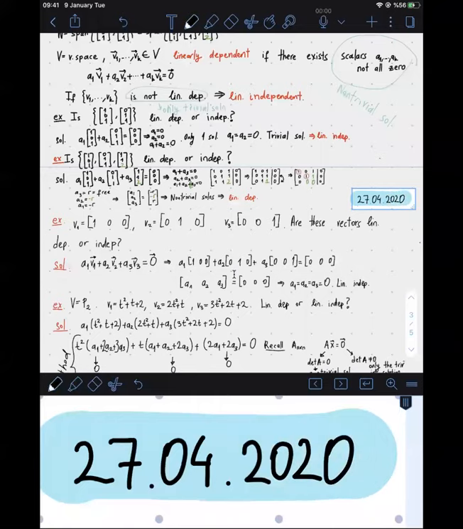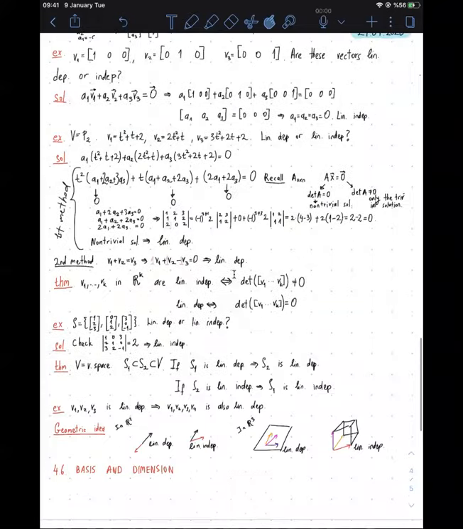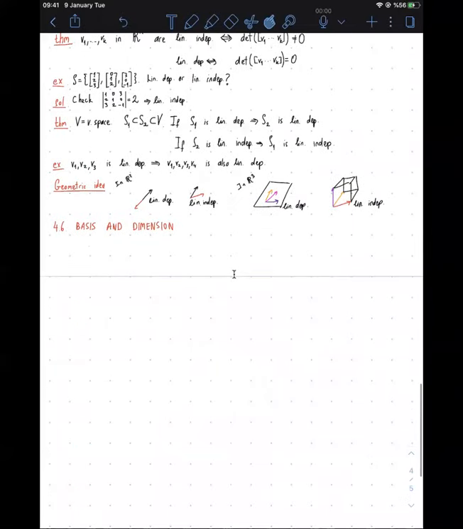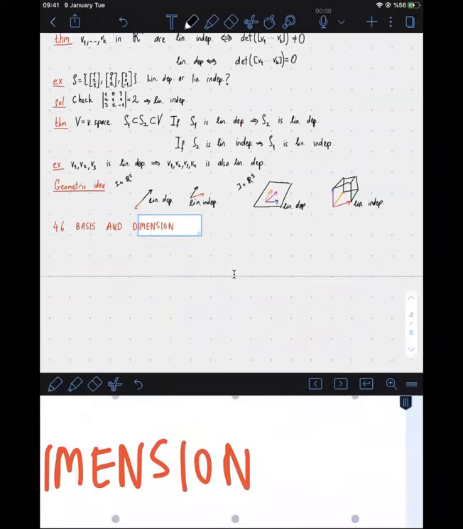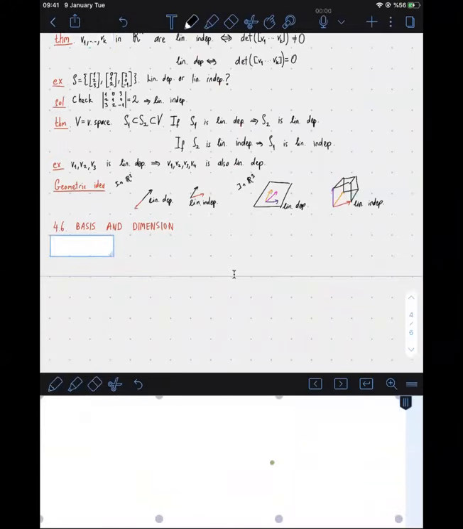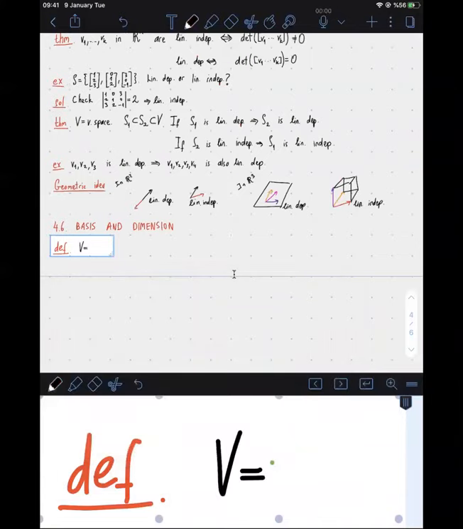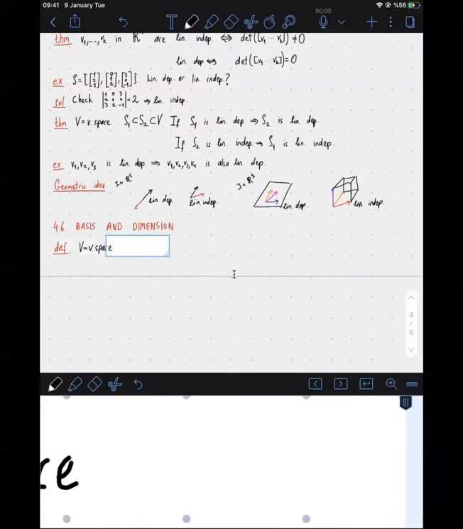Okay, so basis and dimension. Okay, now we start with a definition. Suppose we again start in a vector space, and we are given k vectors.